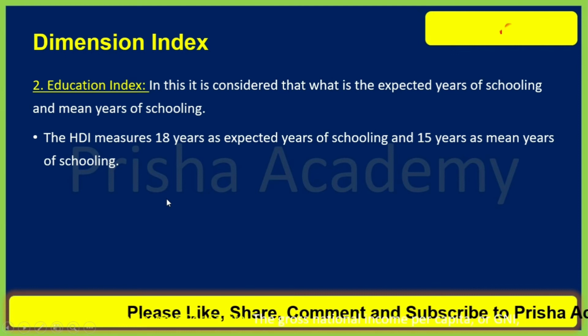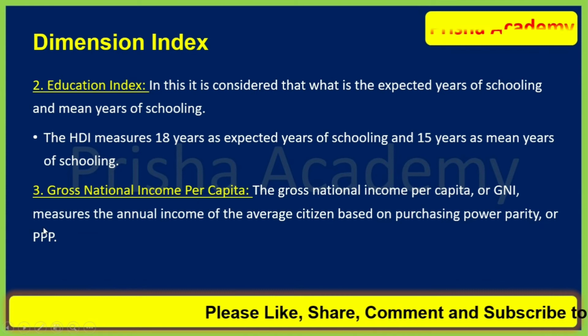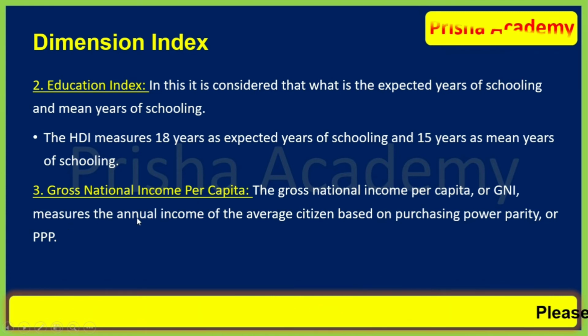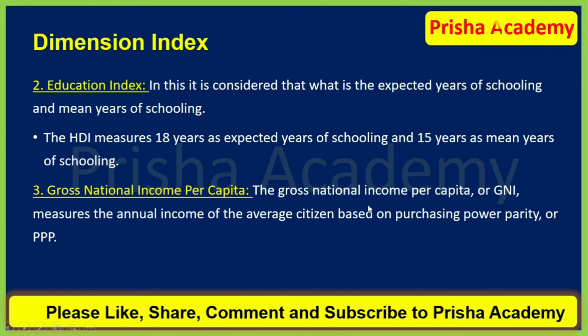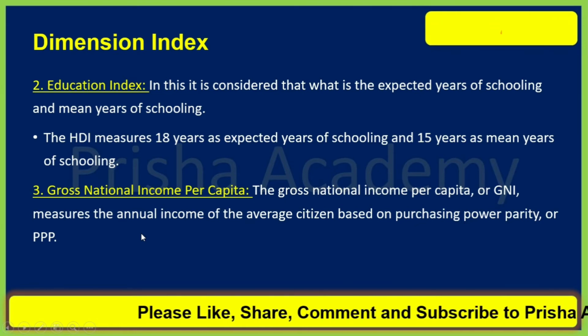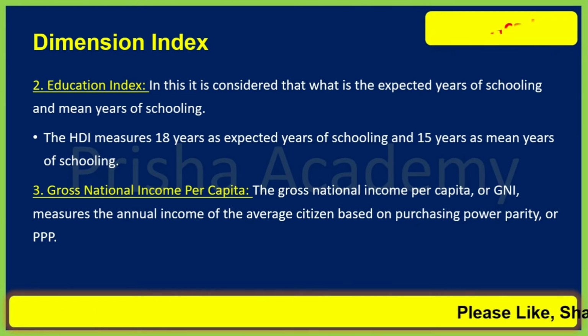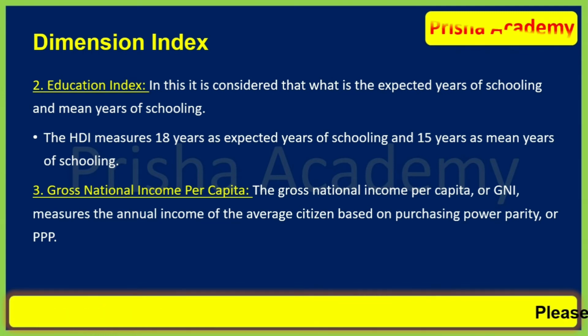The third dimension or index is GNI, or gross national income per capita. Gross national income per capita measures the annual income of the average citizen based on purchasing power parity, or PPP. You can watch my video on PPP if you do not know the concept of PPP.